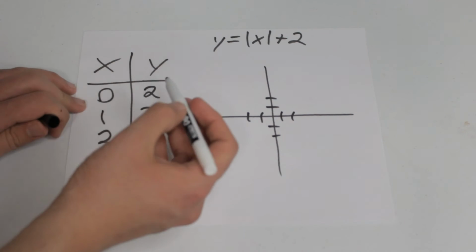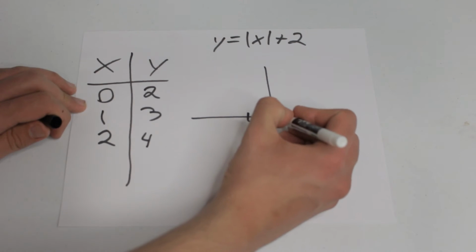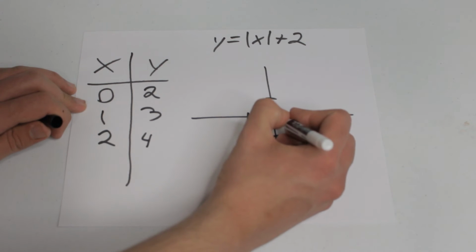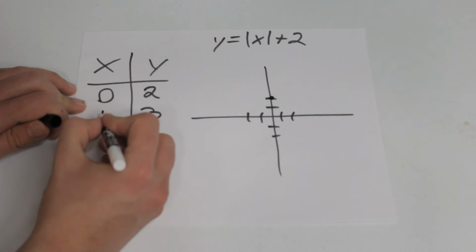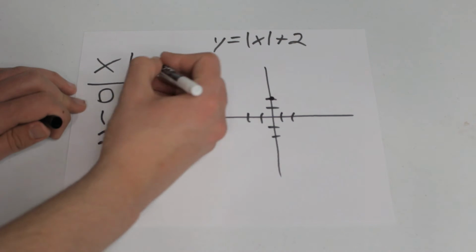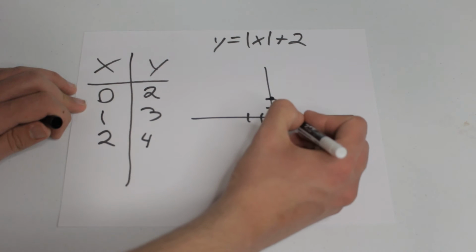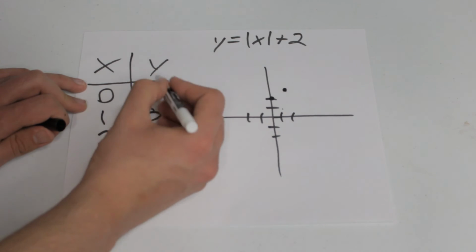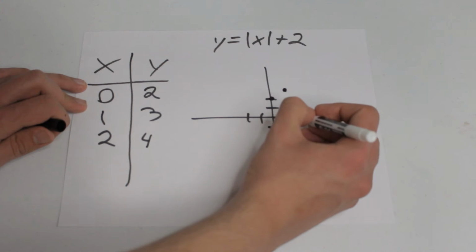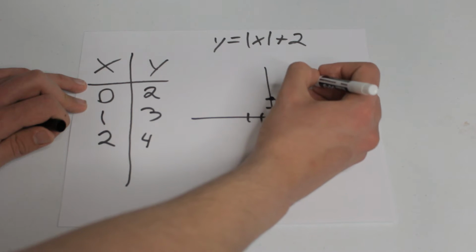And now let's graph it. So x equals 0 and y equals 2, so you go 2 points up. X equals 1, y equals 3. X equals 2, y equals 4.